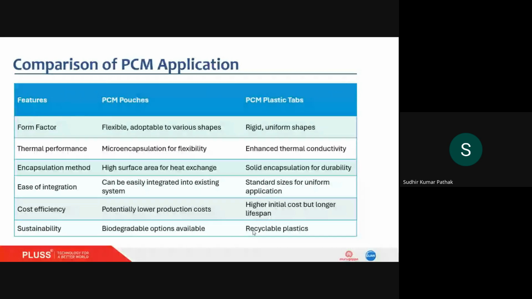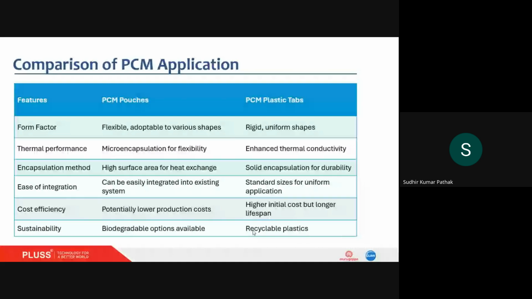If we fill the PCM in tabs, they are rigid, uniform shapes. In terms of thermal performance, microencapsulation gives flexibility and performs very well. Tabs, by using highly conductive HDPE plastic, enhance thermal conductivity, so they also help in thermal performance.